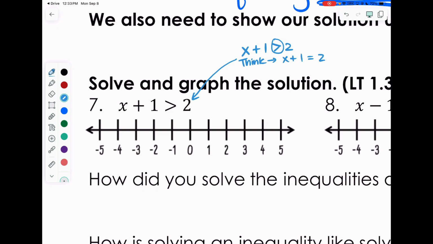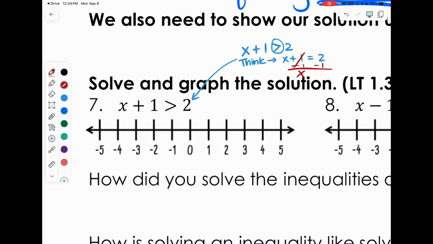Christian Nava. Okay. How do I solve for x? So you're going to do minus 1, and minus 1 on the other side. Perfect. Good job.